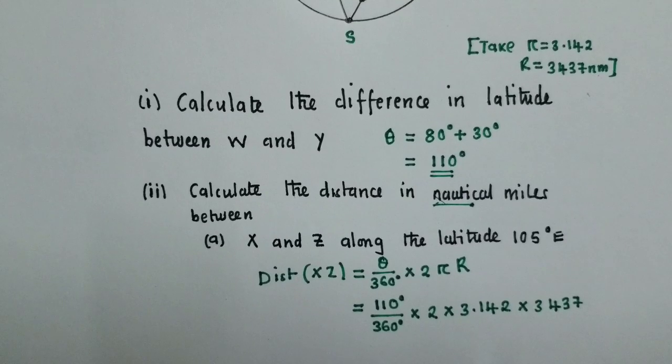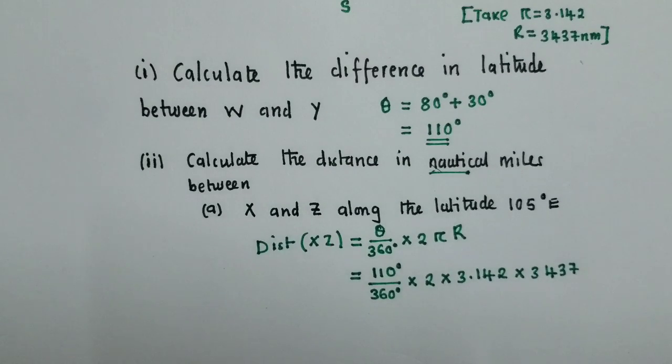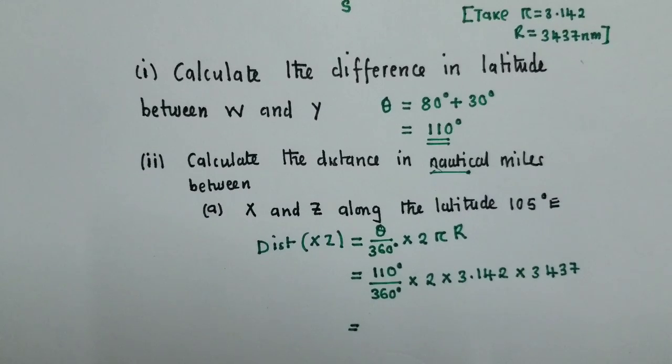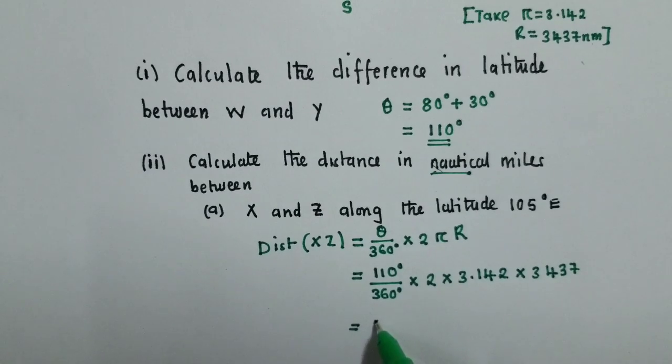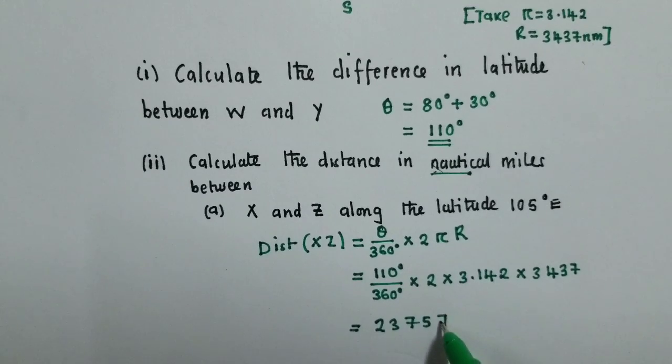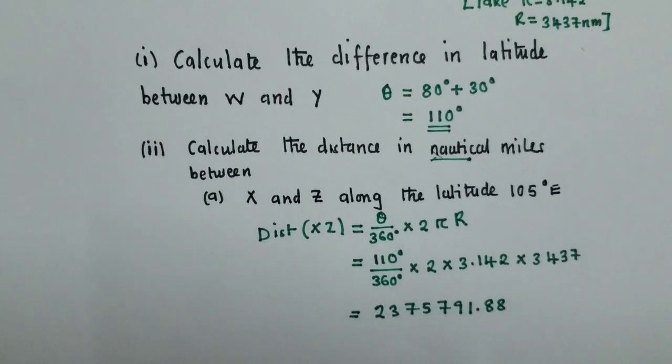So after writing those, we punch on our calculator 110 times 2 times 3.142 times 3437. So when we punch, we're getting 2,375,791.88.